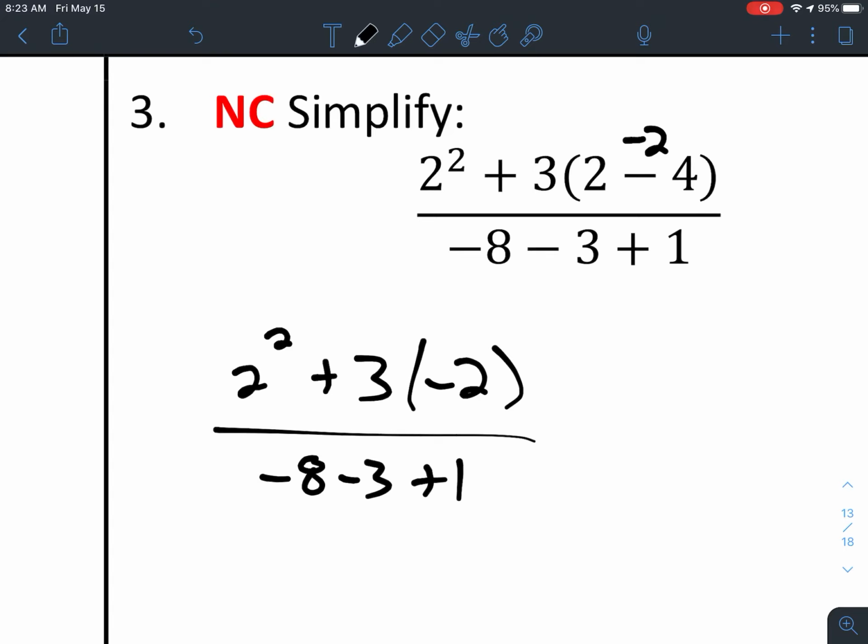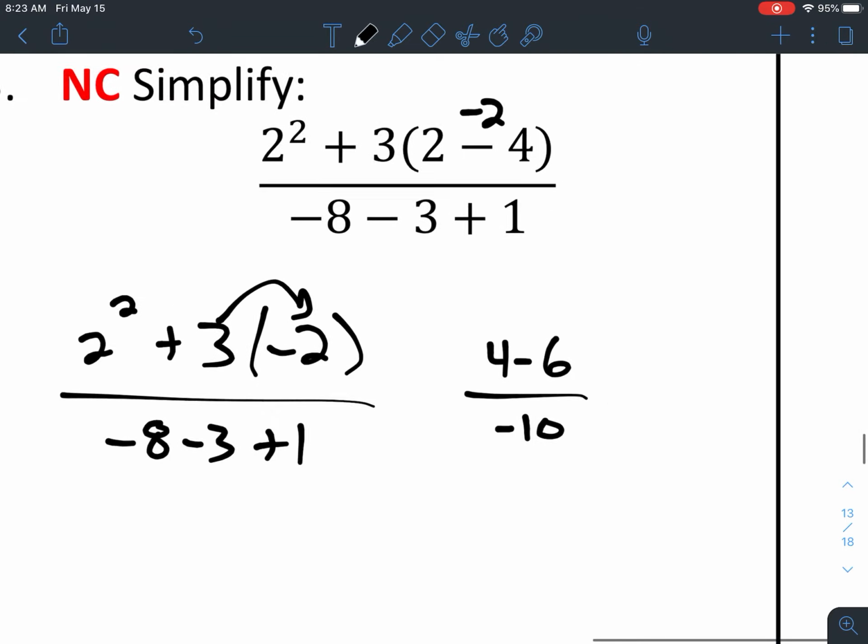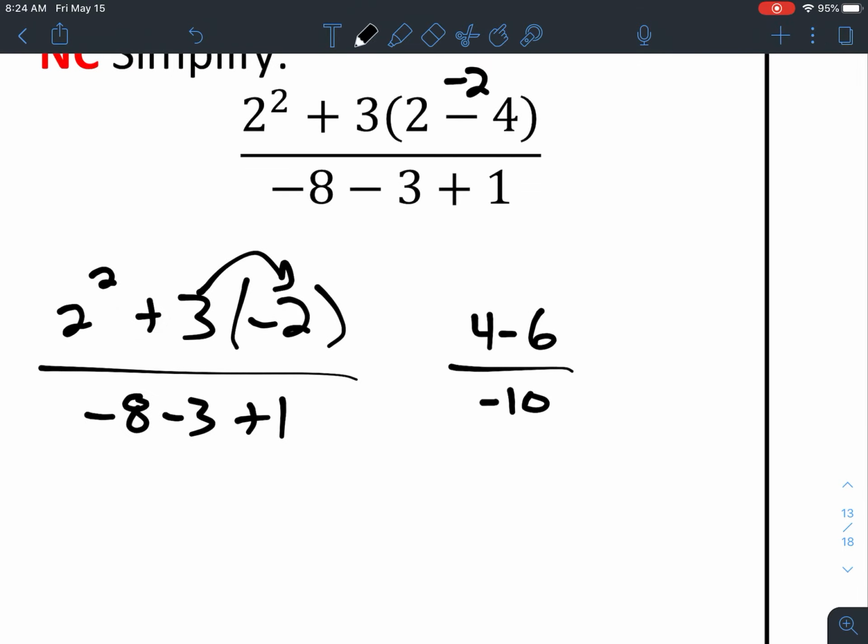Do the exponent. 2 times 2 is 4. 4 plus 3 times negative 2 gives you negative 6 over, and then you can just simplify the bottom, adding them together. Negative 8 minus 3 gives you negative 11. And then plus 1 gives you negative 10. Simplify the top. 4 minus 6 gives you negative 2 over negative 10.